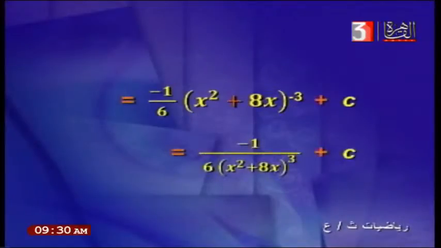Now the integration equals negative 1 over 6 multiplied by z power negative 3, where z equals x power 2 plus 8x, all power negative 3, plus c. Or the integration equals negative 1 over 6 multiplied by (x power 2 plus 8x) all power 3, plus the constant c.